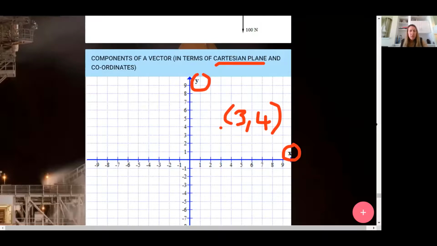Because in any sort of coordinate form, we always write the x value first and then the y value second. The x value can simply be found by going to the point and dropping down a line and seeing where it cuts the x-axis. That is your x value within that coordinate. Then also going back to that point and shooting across to the y-axis, you will see that is your second value within that coordinate.